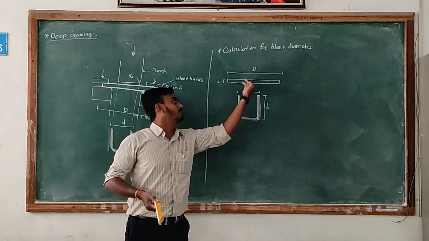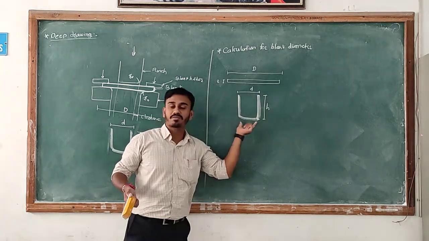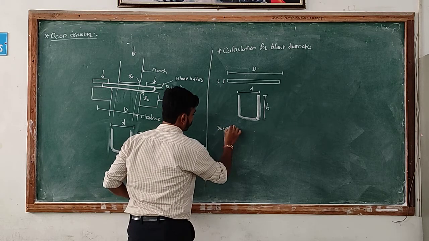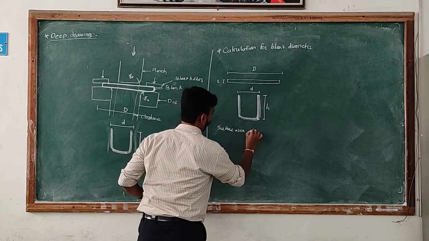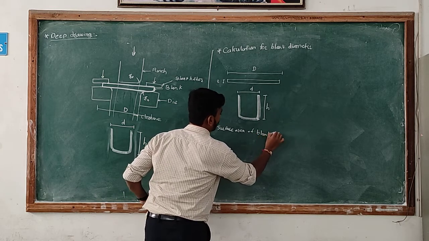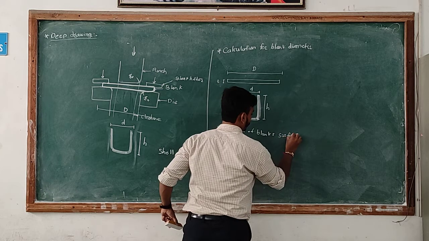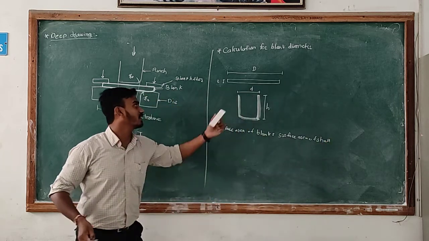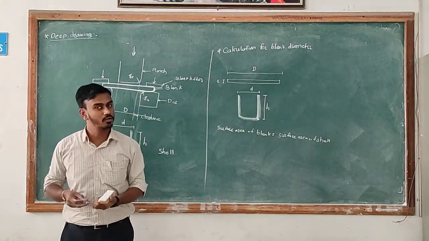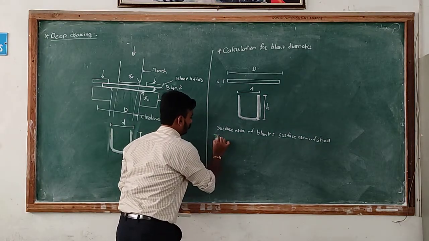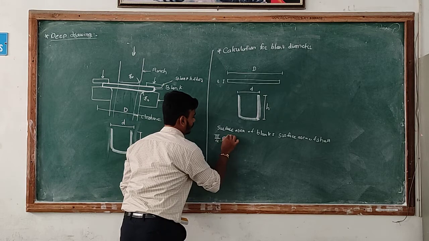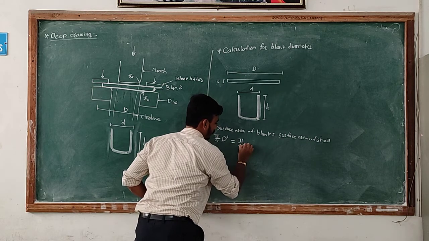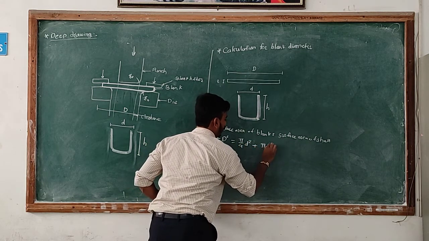So the surface area of the blank is equal to the surface area of the shell. The surface area of the blank is pi by 4 into capital D square, and the surface area of the shell is pi by 4 into small d square plus pi into d into h.